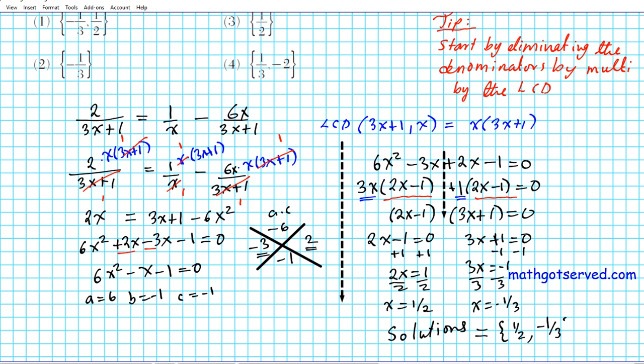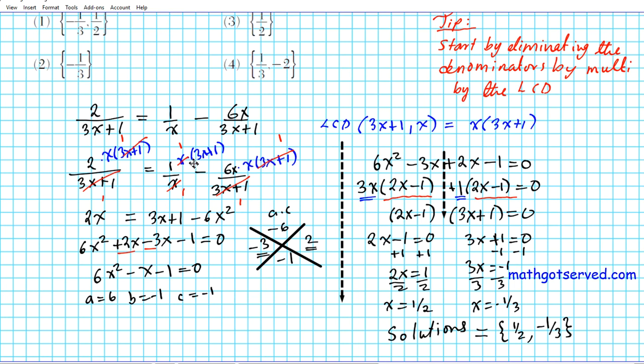Wrong. Now, whenever you're solving rational equations like this, because we multiplied by the LCD, we might have introduced extraneous solutions. So in order to make sure that we do not create any extraneous solutions, we have to look at our restrictions on the x value.